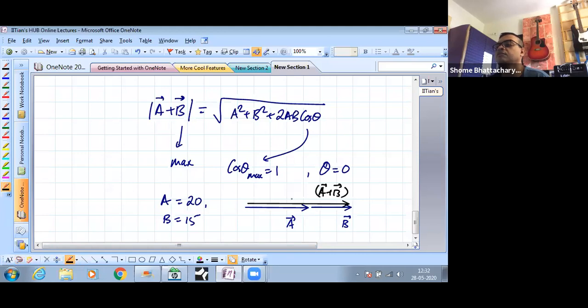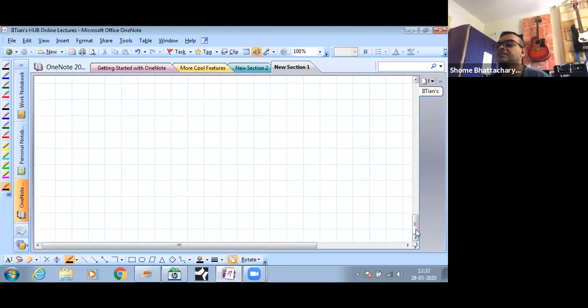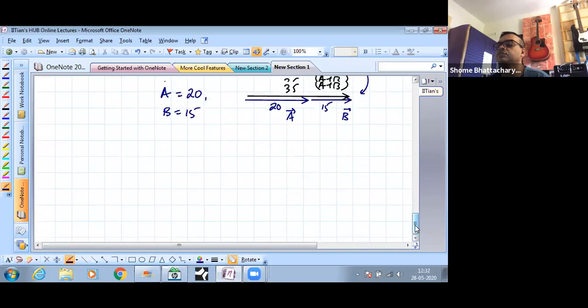So this will have a magnitude of 35 if this is 20 and this is 15. But this is when theta is 0.